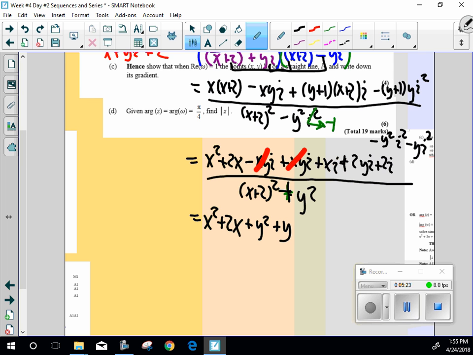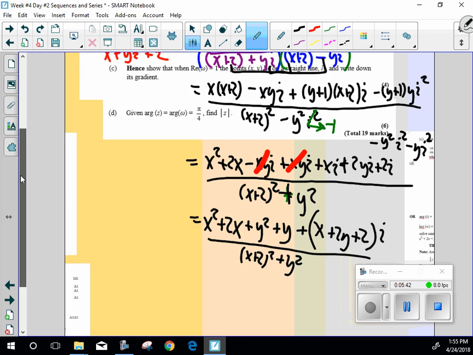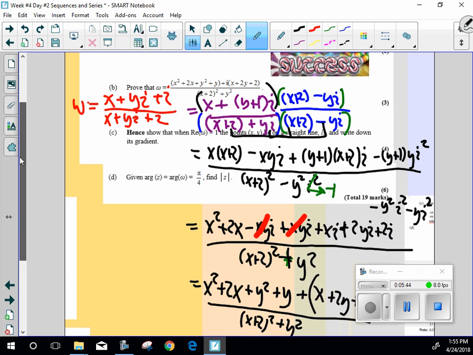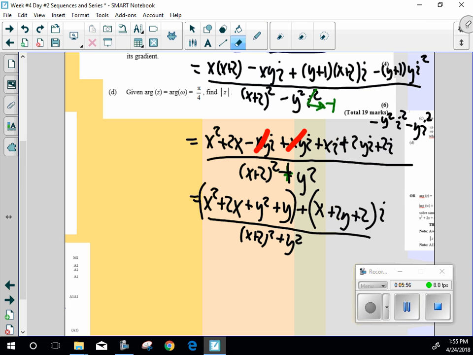And then we're going to have plus (x plus 2y plus 2) all times i, all over (x plus 2) squared plus y squared. Did we get everything that they wanted us to have? x plus 2y plus 2, x squared plus 2x plus y squared plus y. Did it.